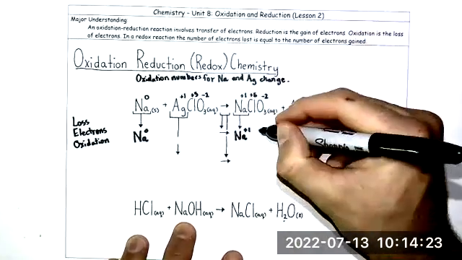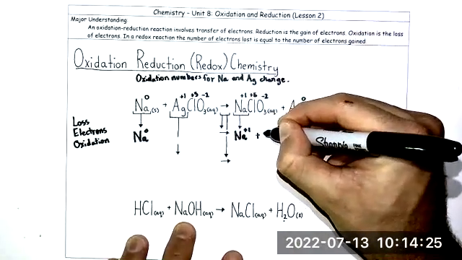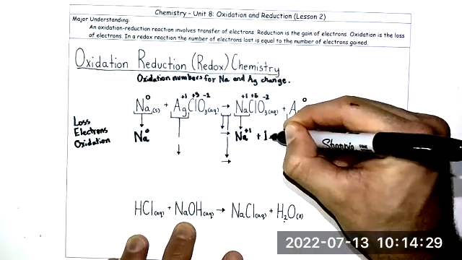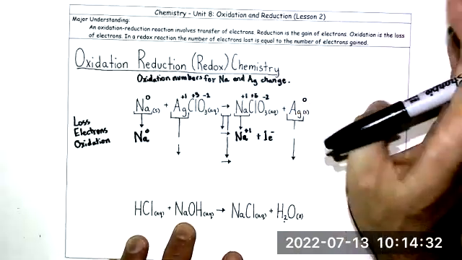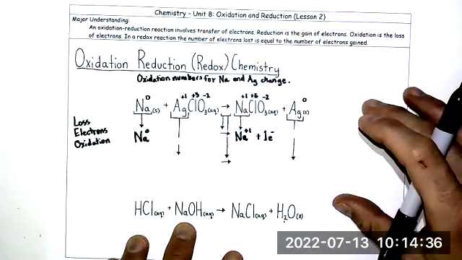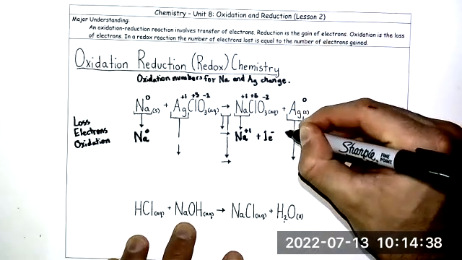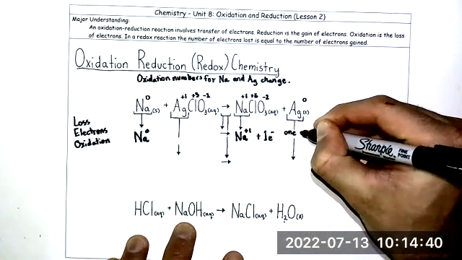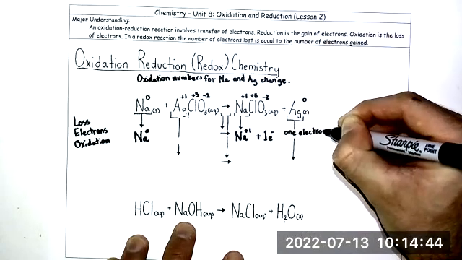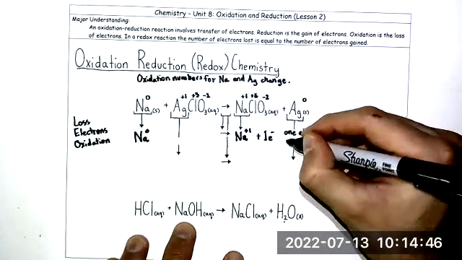So the way we write this half reaction is we just add 1 electron to the product side to show that electron is being lost. Okay, and you can represent electrons as e negative, we've mentioned before. Okay, and so what's happening here is 1 electron is lost.